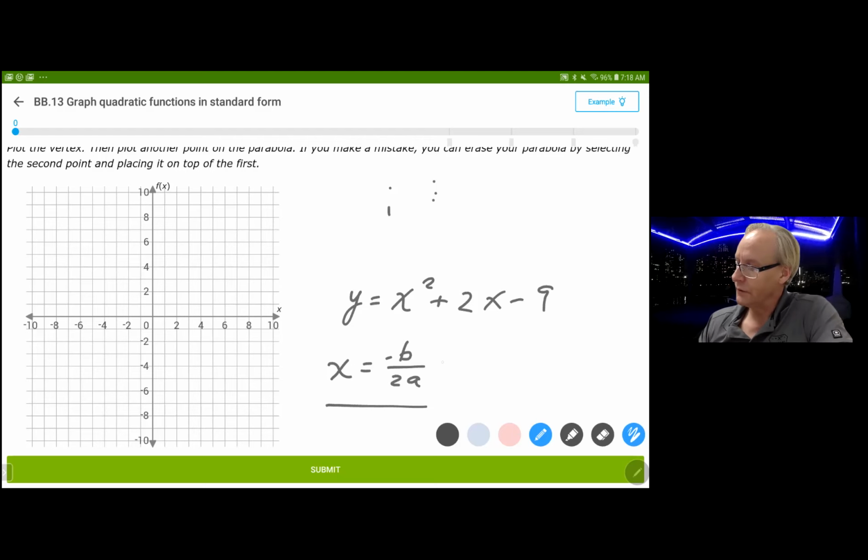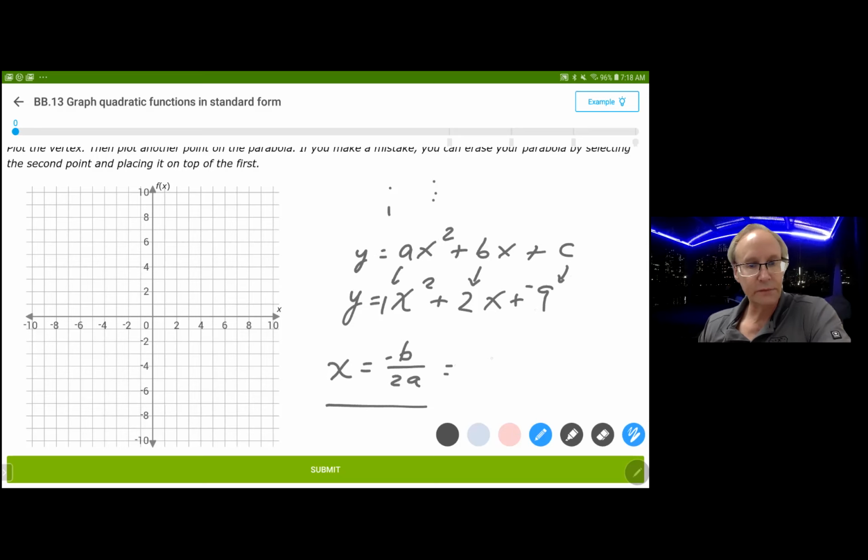So all we have to do is, hopefully you recognize that this is y equals ax squared plus bx plus c, just like when we use the quadratic formula. And a is 1, and b is 2, and c is really negative 9. Be careful, that really is plus negative 9.